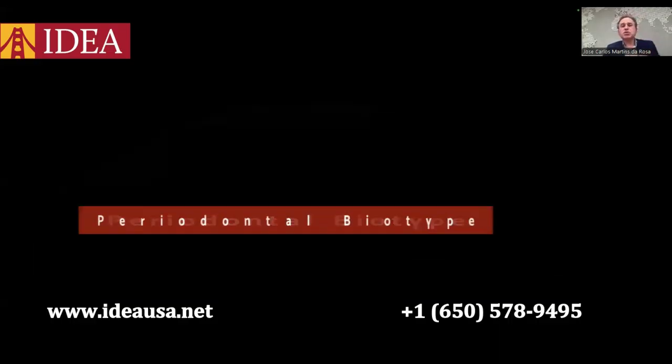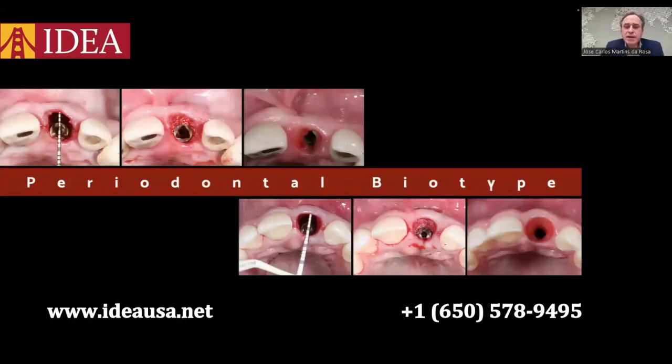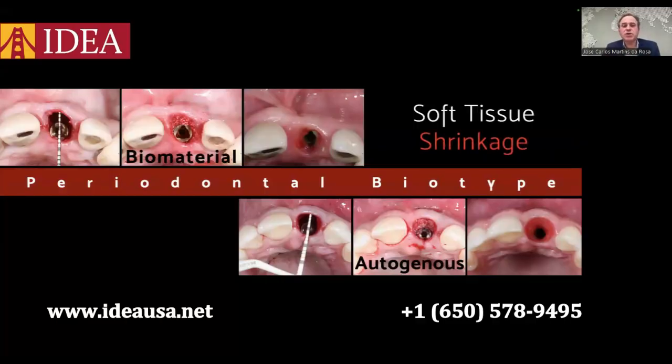If you focus on these two different scenarios, we have the same issue. The upper left central incisor was condemned to be extracted, but in the upper case, we use only biomaterial. In the lower, we use autogenous bone tissue. And you see here, in the case that we only use biomaterial, the soft tissue shrinkage.